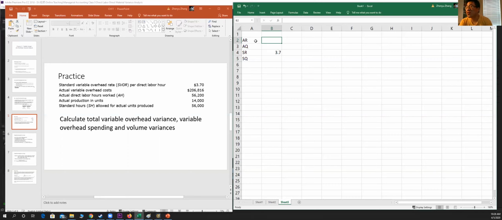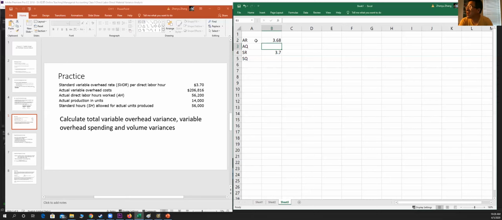And we have the actual labor hours already. So based on these, we know the actual rate, which is just dividing the actual variable overhead cost by the actual direct labor hours worked. So 206,816 divided by 56,200.